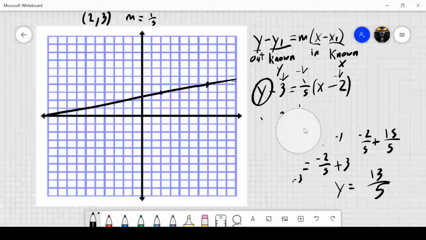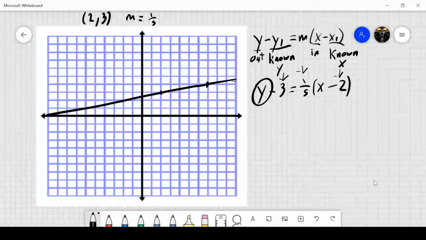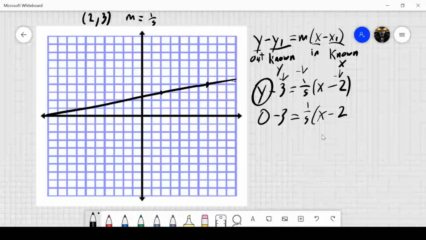Well, again, we know that in an x-intercept, y is 0. So 0 minus 3 equals 1/5 times (x minus 2), which gives negative 3 equals 1/5 x minus 2/5.